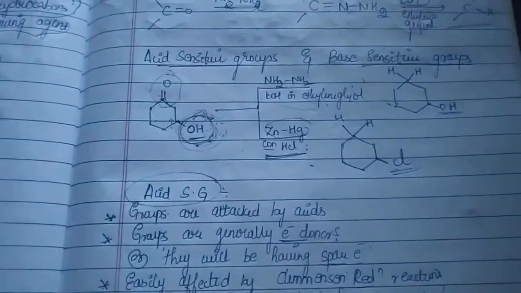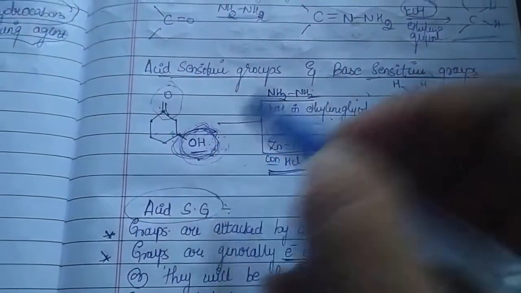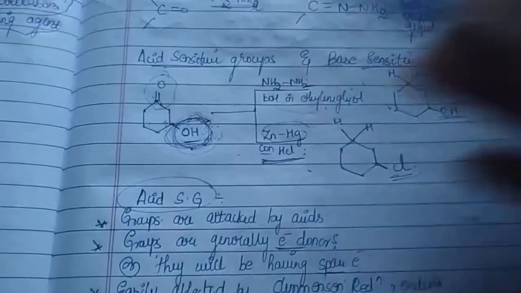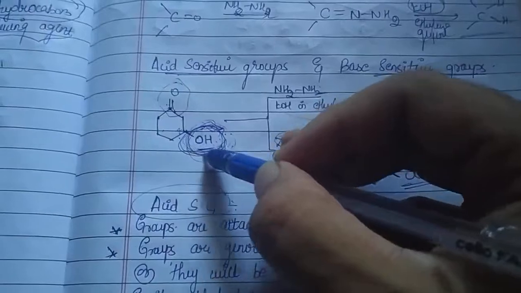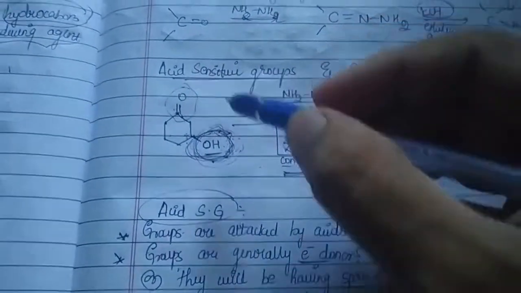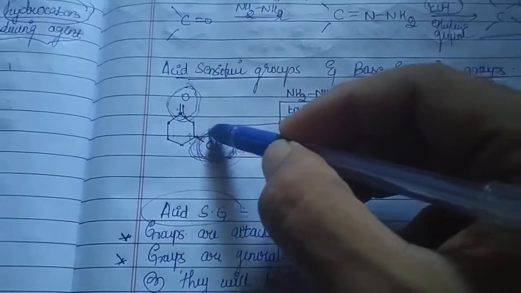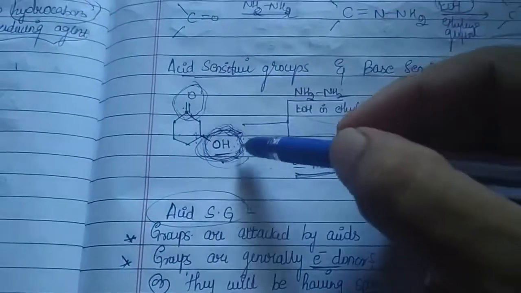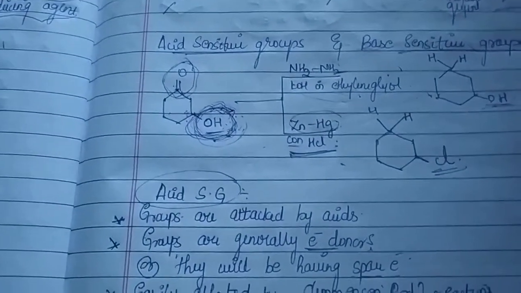If a question says there should be no change in an additional group, then you have to look at whether it's acid sensitive or base sensitive. In this example, it was acid sensitive, and the question is that I want my final product in such a way that only the carbonyl group should get reduced and OH should remain as it is. Since it is acid sensitive, I have to use a basic medium where it will become insensitive.